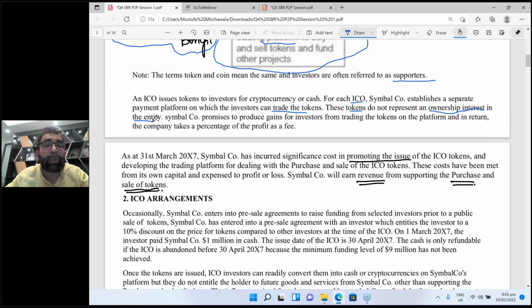One more thing related to ethics in that article. When an ICO, initial coin offering, is done, there is a white paper issued by the company in which the company promises that we'll do this, we have these plans, we'll make this platform.